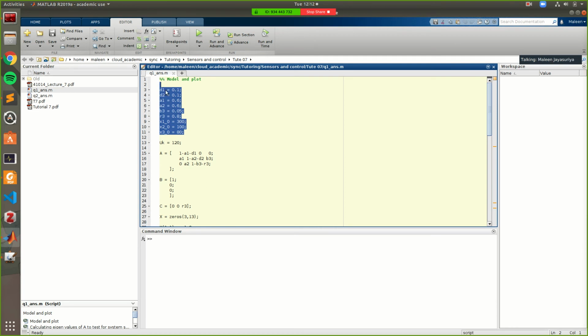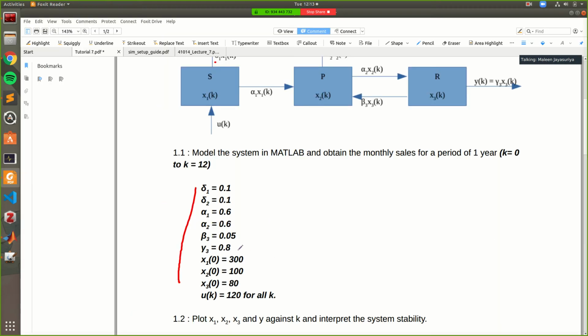I've just used D for delta, A for alpha, and B for beta, and for gamma I've used R, right? And then I've also defined the initial states as given in these parameters. That is basically at k equals 0, where are we starting from? Like, what are the initial states of our system, right?